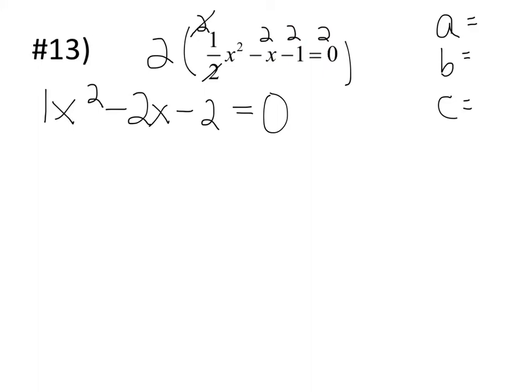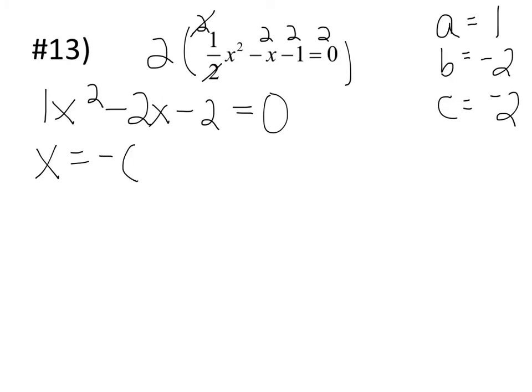This problem that we just created by using our LCD is equivalent to the problem that they gave us. However, I would much rather plug in 1, -2, and -2 than 1/2 any day. So now I can say A is 1, B is -2, and C is -2. And those numbers will be a lot easier for me to plug in.